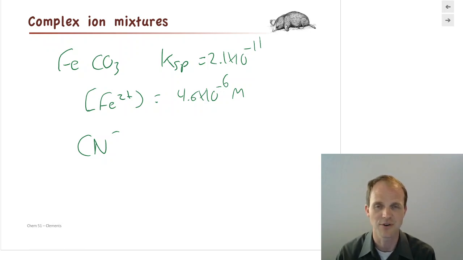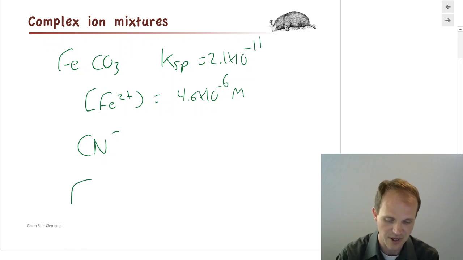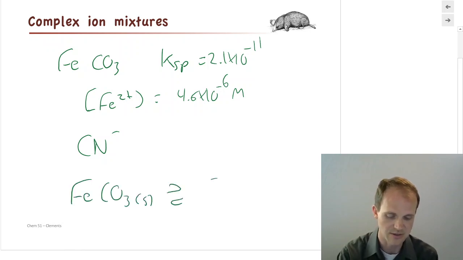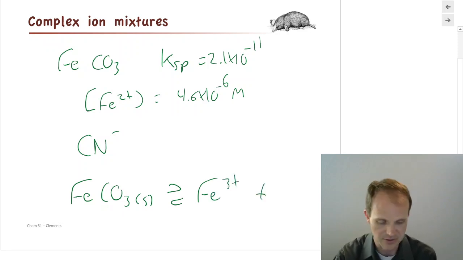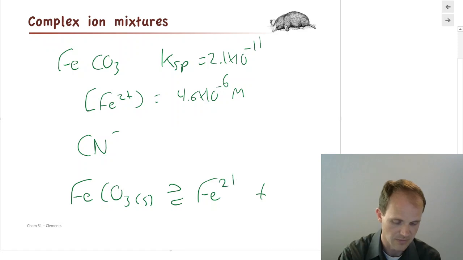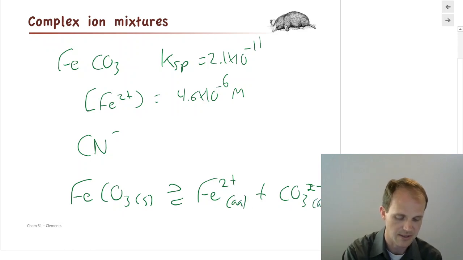Extraordinarily large complex ion formation value. And what you get is essentially no free iron left. So when we write this, FeCO3 solid goes to Fe2 plus, sorry, not Fe3 plus, that's Fe2 plus, and CO3 2 minus, and these are both aqueous.